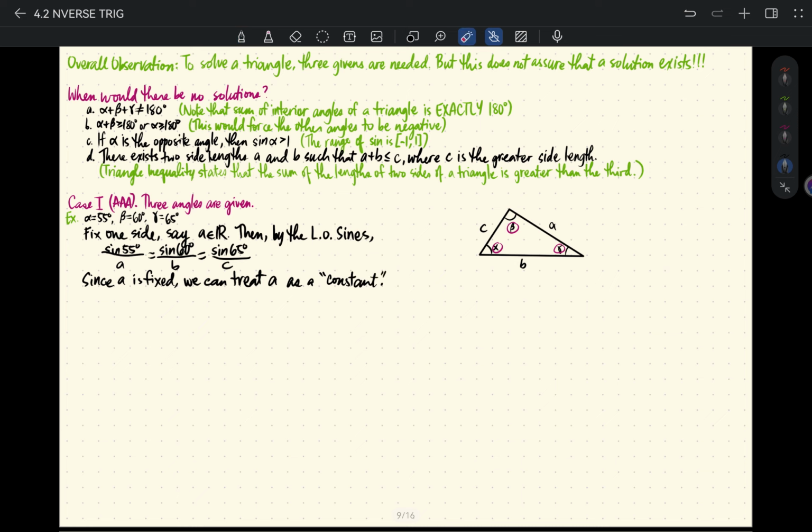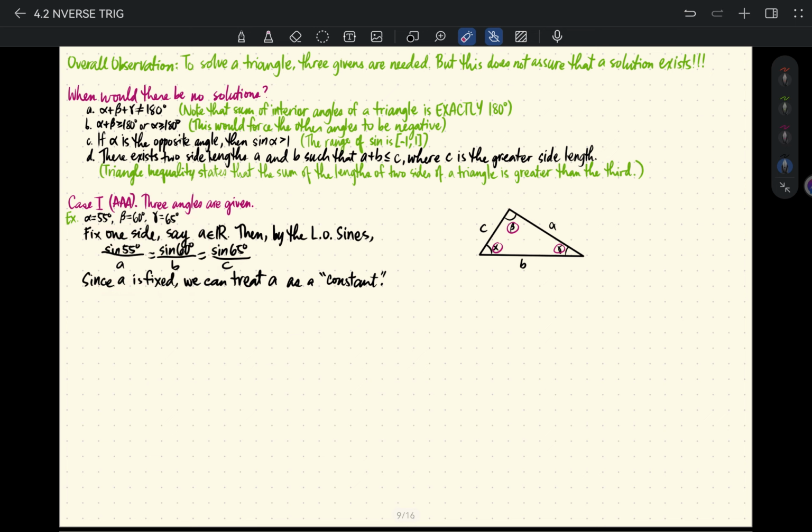And so, if we look at this part right here, you already have three given values. You have 55 degrees, the A which you fixed, and 60 degrees. So obviously, we can already solve for B.